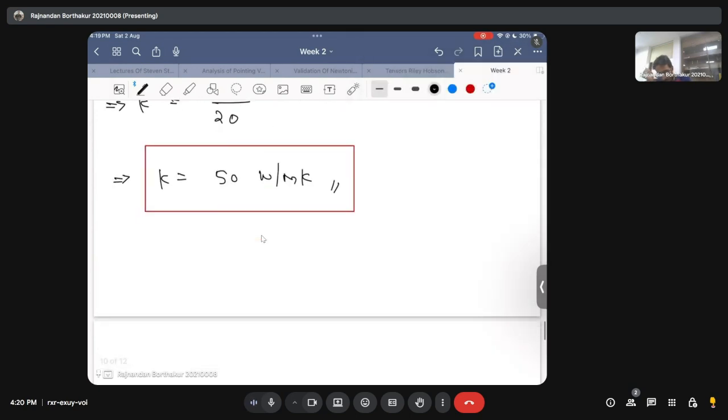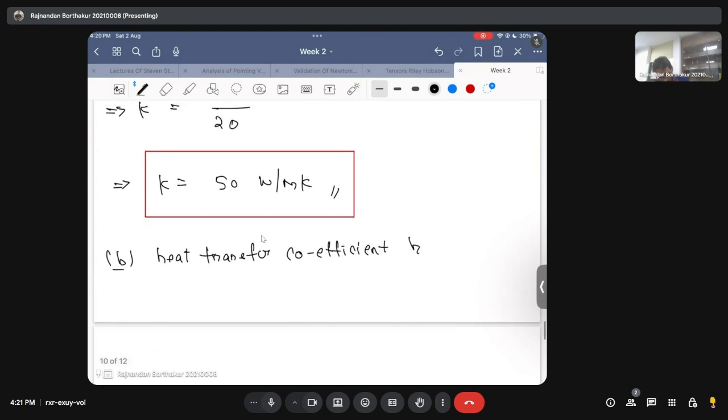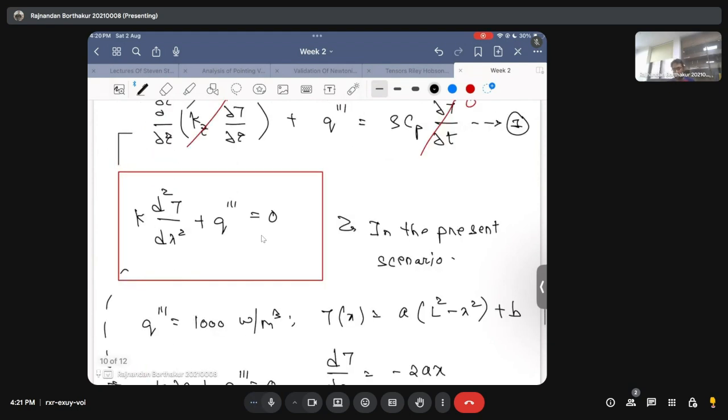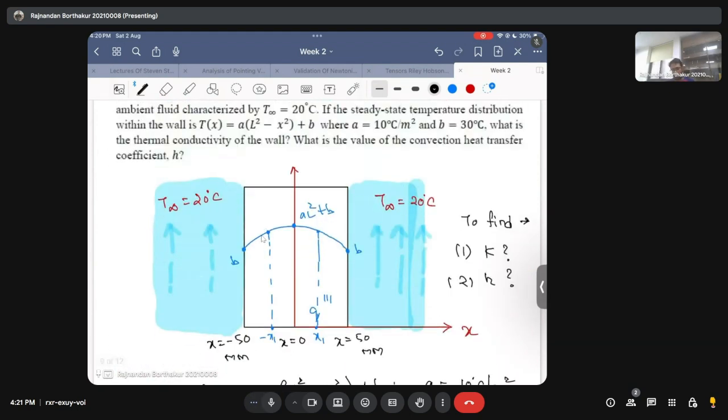Let's now do the second part of our analysis, which asks what would be the heat transfer coefficient h. Okay, all right. So now you need to pay close attention. At least inside the slab up to its edges we have seen how the temperature profile varies.